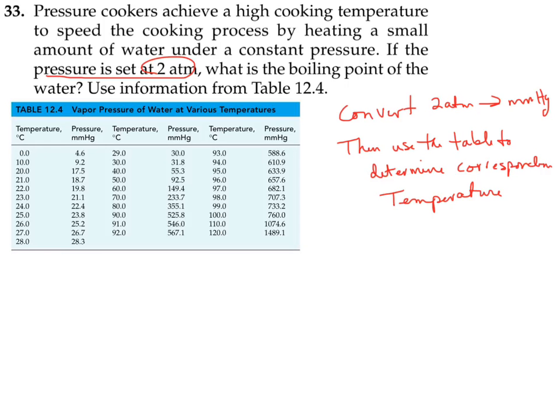Since this table is in millimeters of mercury, first you've got to go from those 2 atmospheres to millimeters of mercury. Then you need to find that millimeters of mercury on this chart, and I'll give you a hint, it's down here, and also just do your best, because it's not really obvious. But you take the pressure and you find the corresponding boiling point temperature.